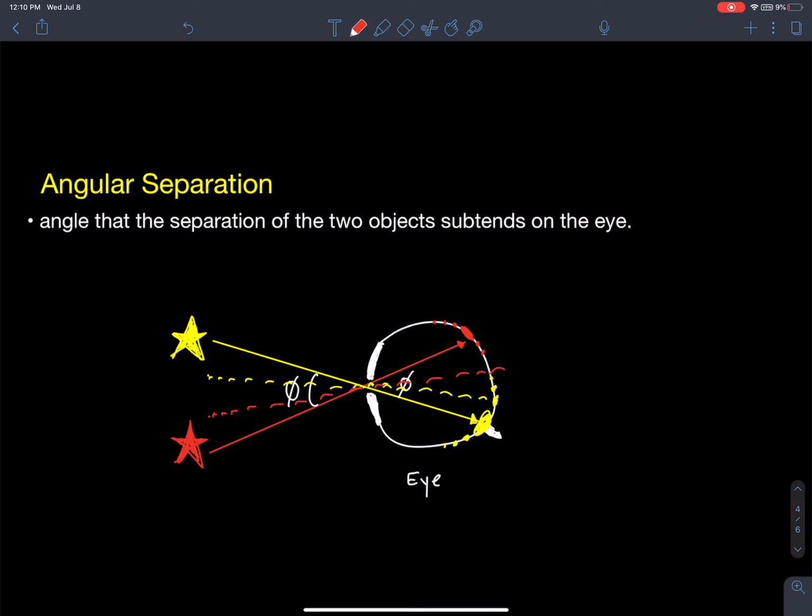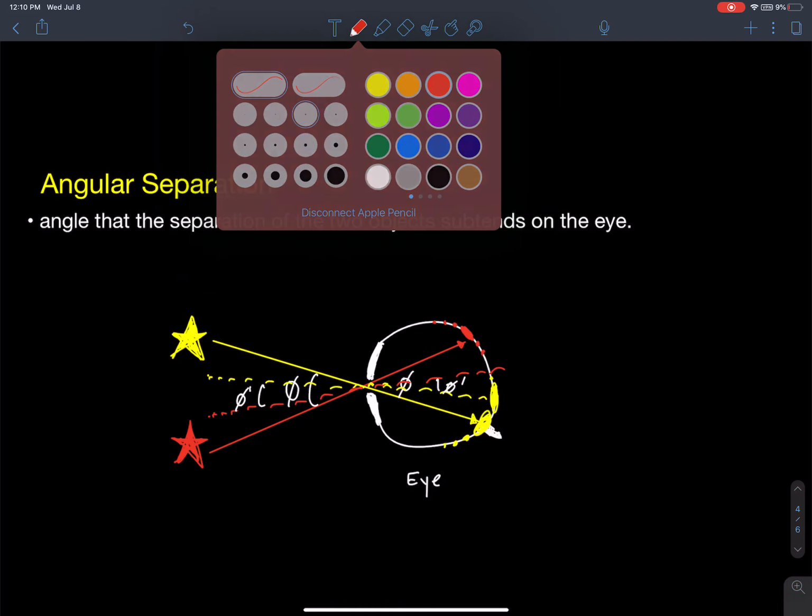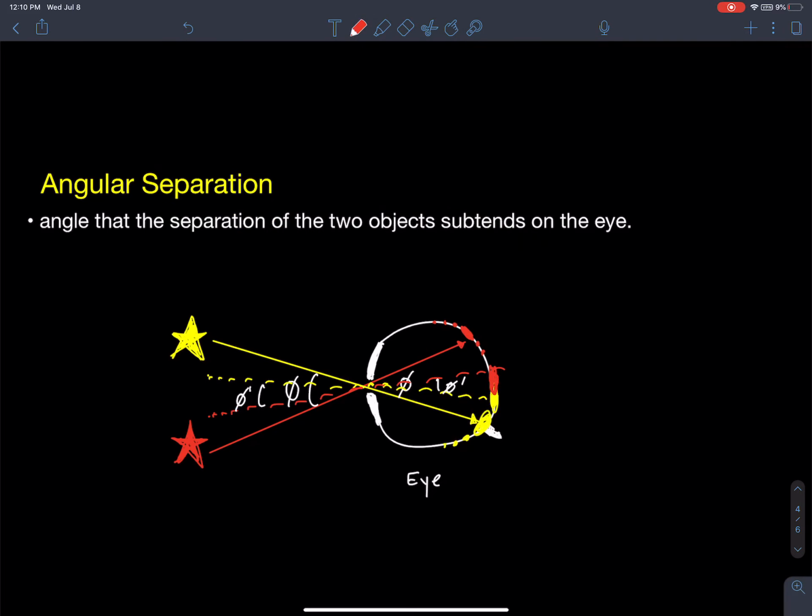That angle that they subtend, I'm going to call it theta prime, is a lot smaller. And because it's a lot smaller, what we end up having is those diffraction patterns overlapping in the back of the eye, creating an orange image.